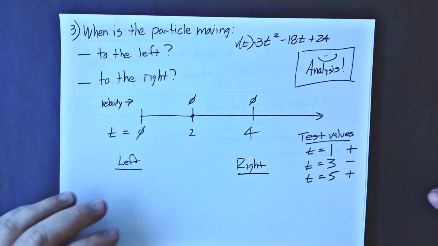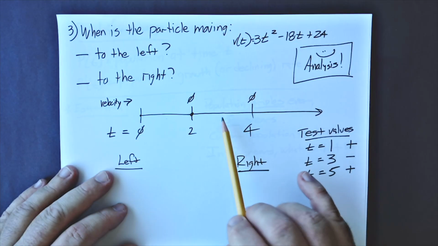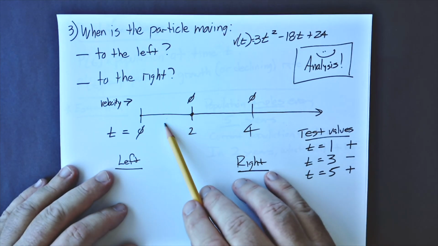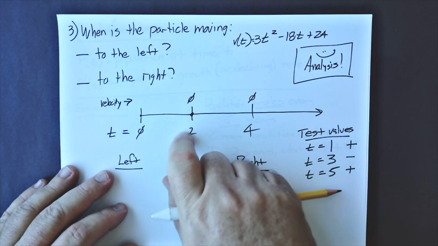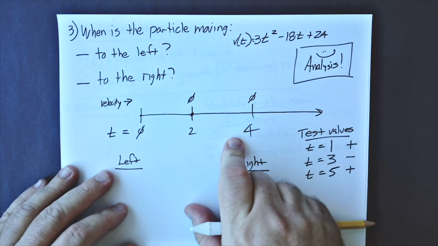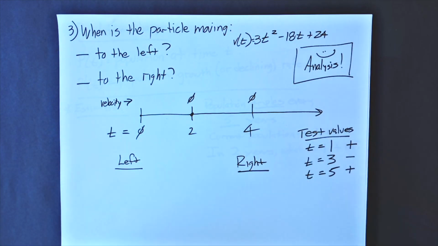So what we can do is simply take some values in the regions when it is moving. There are 3 regions: between 0 and 2, between 2 and 4, and greater than 4. We can just test values in our velocity function and see if it is positive or negative.